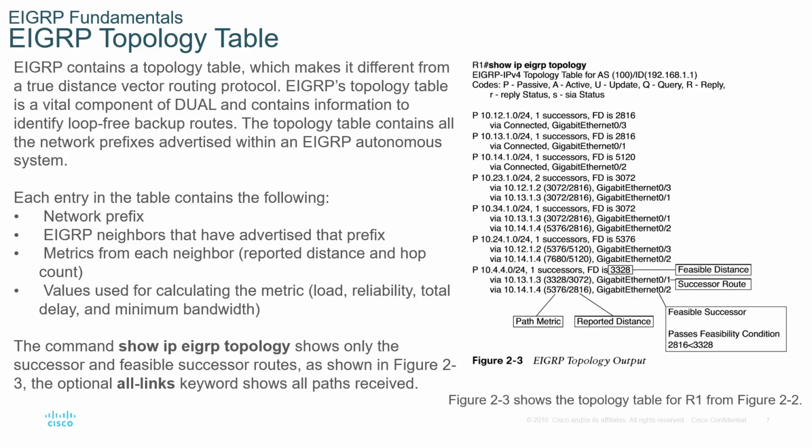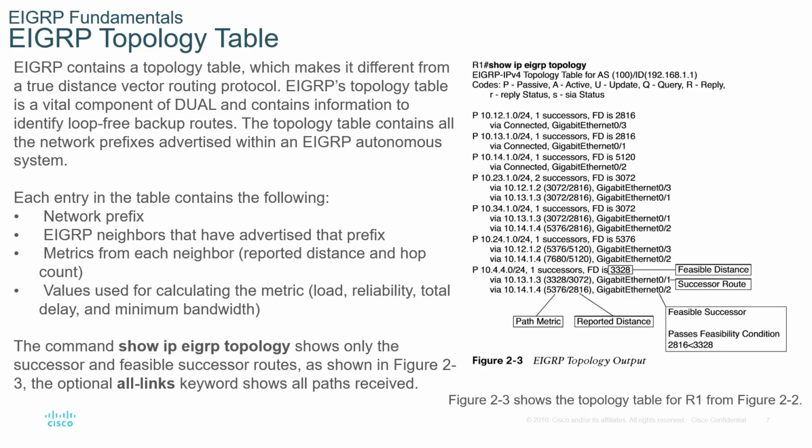Now, when we look at the delay, it's the total delay, and the bandwidth is the lowest or the minimum bandwidth along the path. You can use the show IP EIGRP topology command to look at the top two routes, the successor and feasible successor routes.